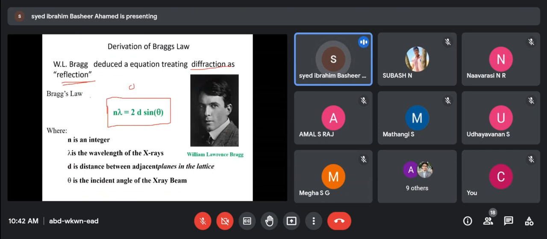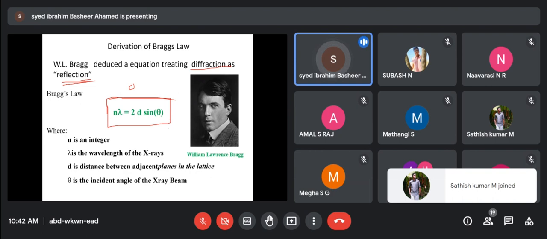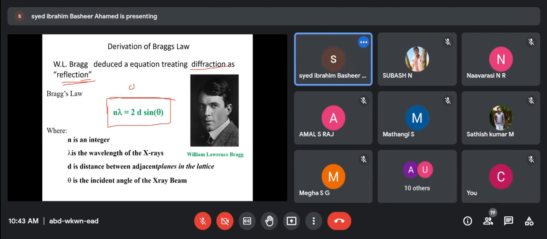This diffraction he is considering as a reflection. And the same equation also sets the condition for a protein to diffract. All these things we will see in the following slides.